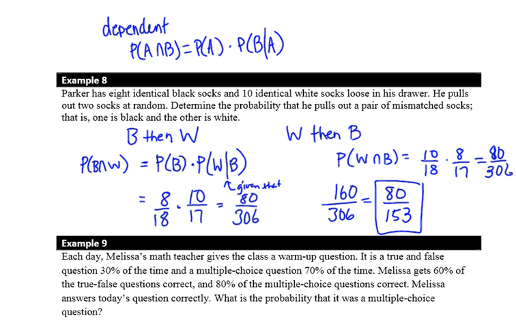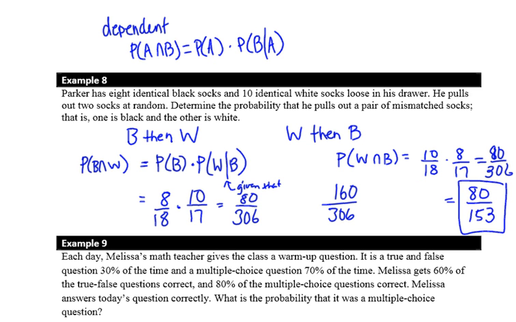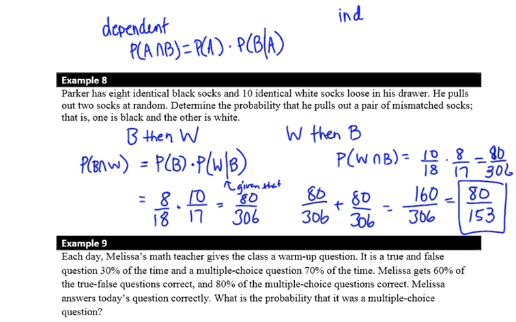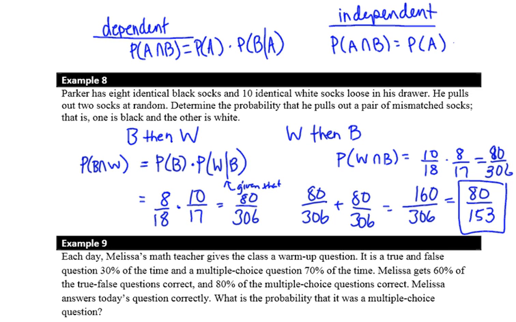So 80 over 306 plus 80 over 306, we're going to add the two together. Okay, if they're independent, then the probability of A and B occurring equals the probability of A just times the probability of B. So those are our two situations.